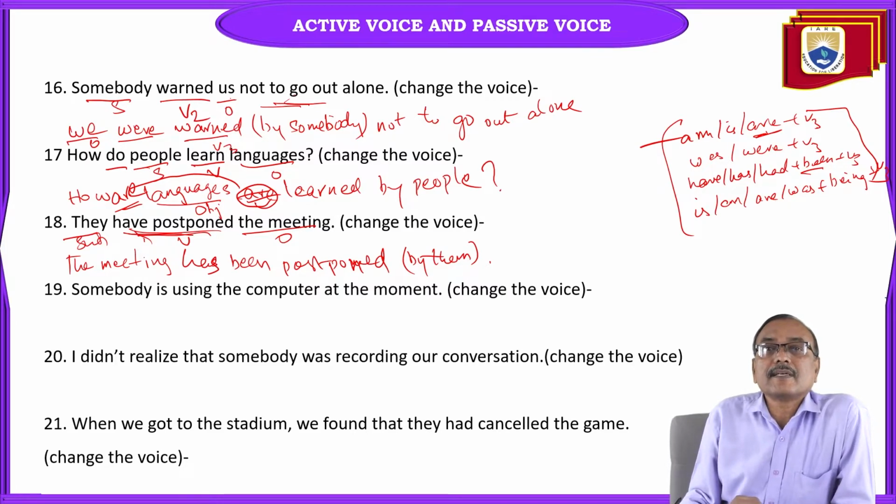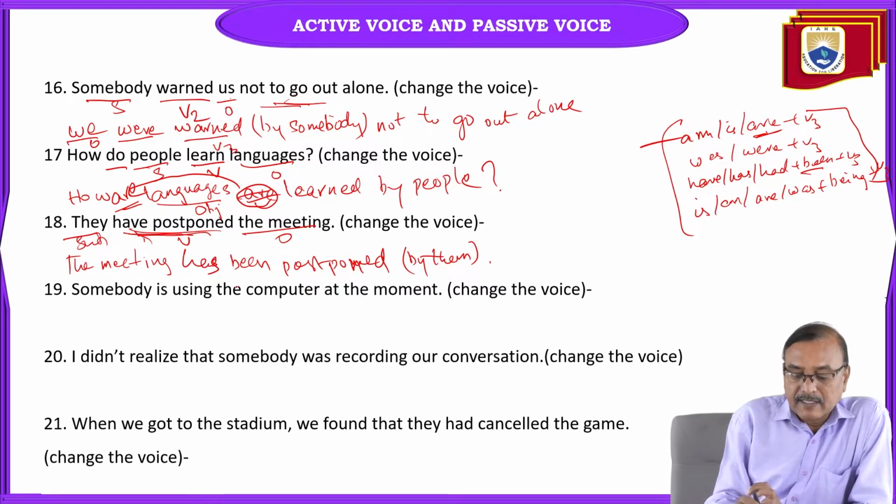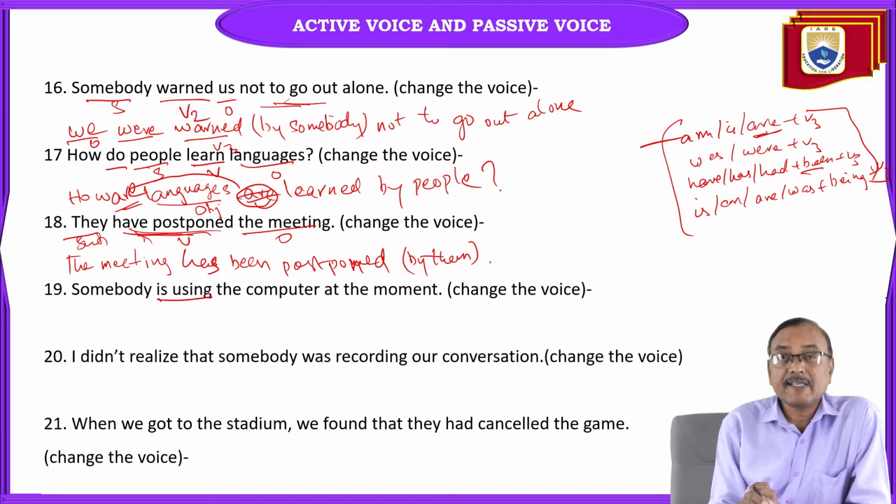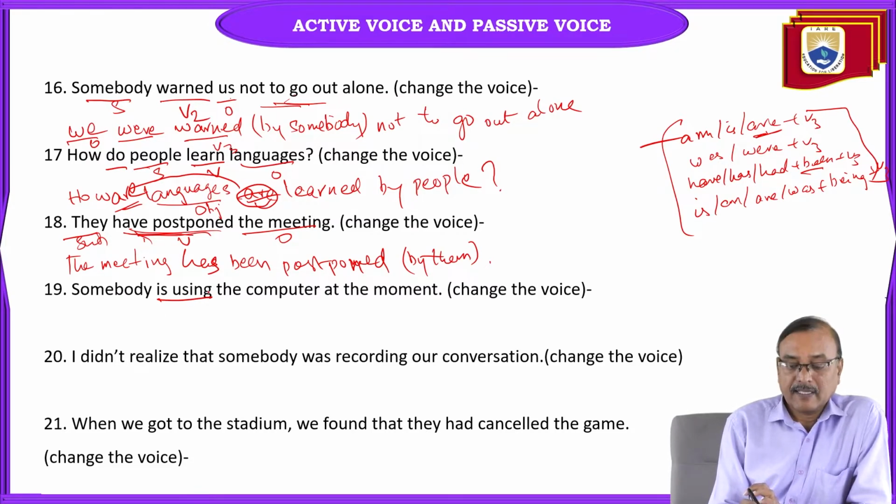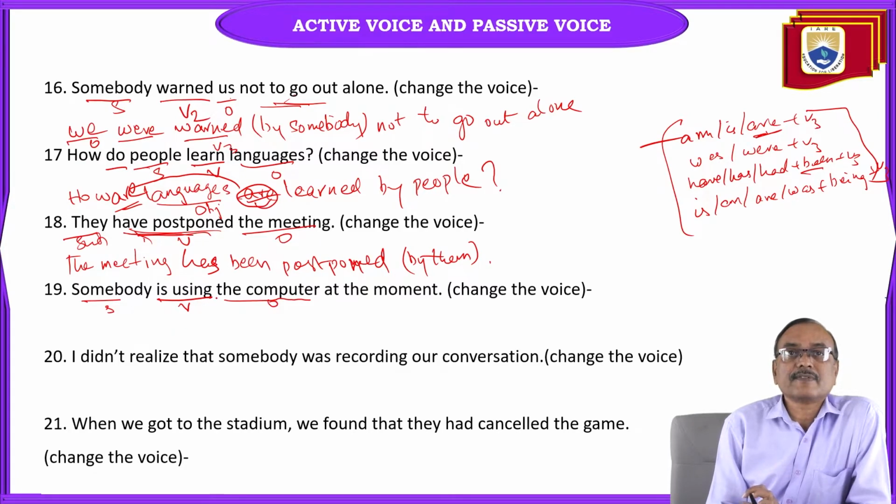Somebody is using the computer at the moment. So what is the tense here? Is using is the tense. This is the verb, somebody is the subject, and the computer is the object. Subject, verb, object. What is the tense? Continuous tense.